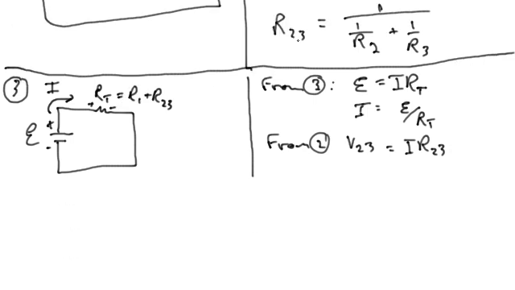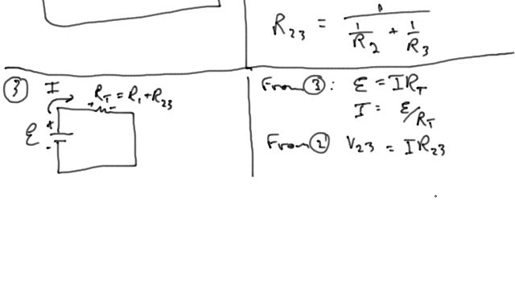So V23 is equal to I, which we said was script E over RT, times R23. I want to try to get this in terms of the original components. Is it really necessary? Let me think about that. Probably not.